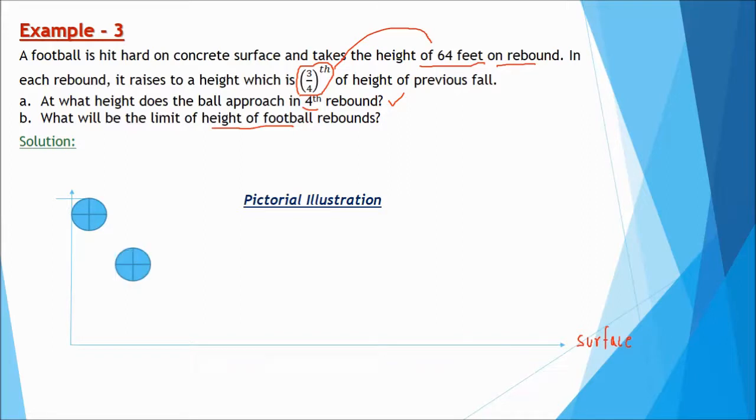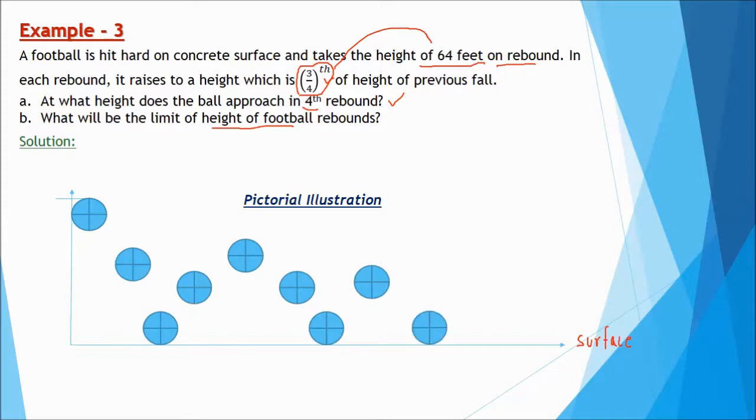It comes down, touches the surface, and rebounds again, reaching a height of 3 by 4 of the previous one, 64. Then it again touches the ground and rebounds in the same way, and so on. Now let's see.